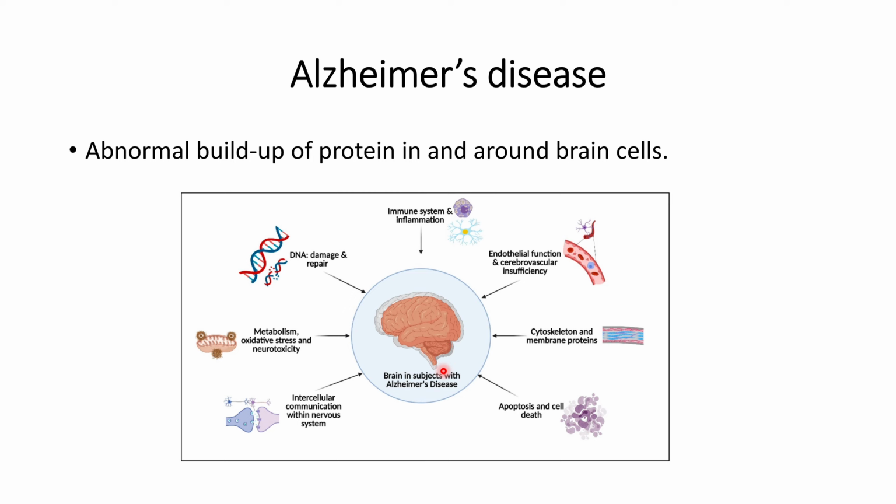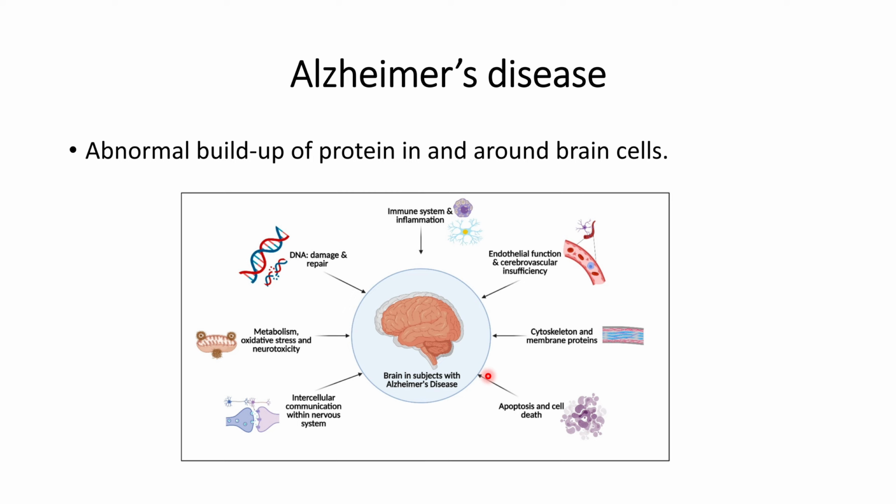The proteins that build up around the brain cells or inside the brain cells trigger different kinds of signals, we can say. Some of these signals are harmful to the brain cells if observed in large amounts.